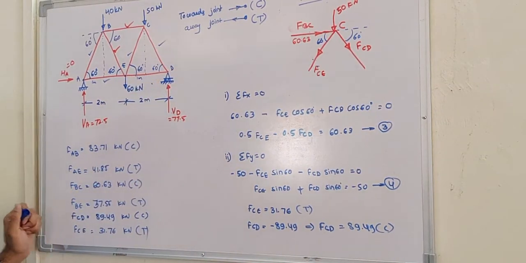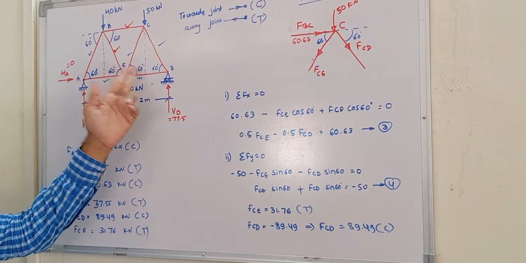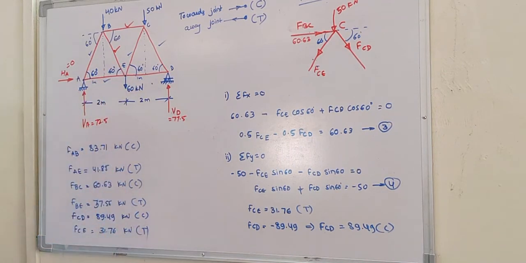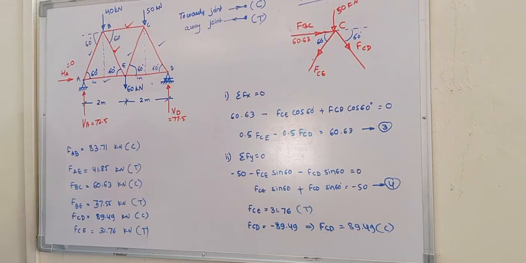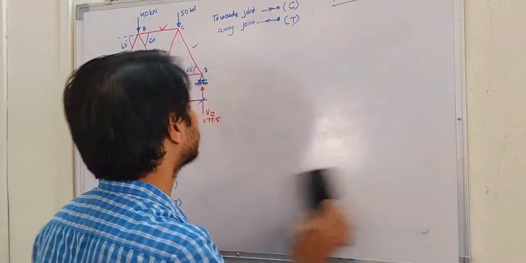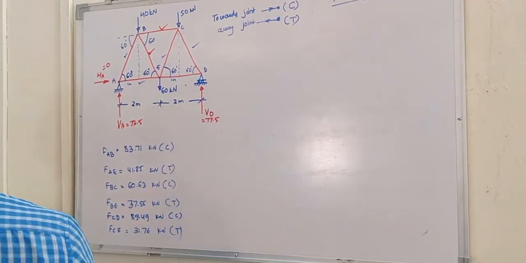So what we'll do is, so we'll come to this joint D itself, because members involved are very less. Here members involved are 1, 2, 3, 4 plus 1 force, 5 forces you will get here at joint D. Here we get only 1, 2, 3 numbers. So calculate the member force D.